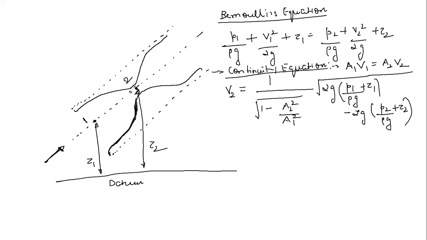If you arrange the terms, you will find this. Now, can you tell me what this term is? If you remember, in the case of an inclined manometer, when I was deriving the equation, I gave this term a specific name. Can anyone guess what that was?